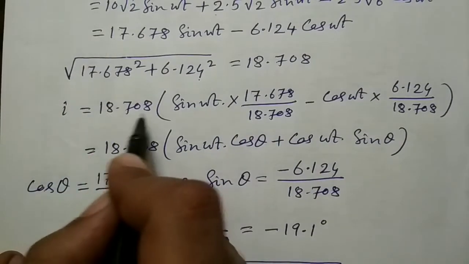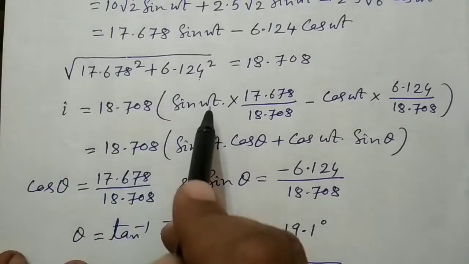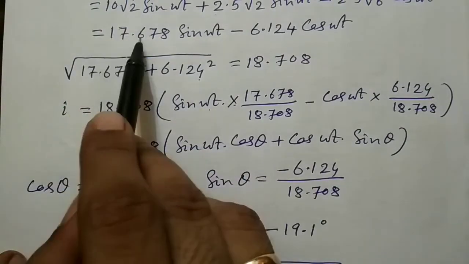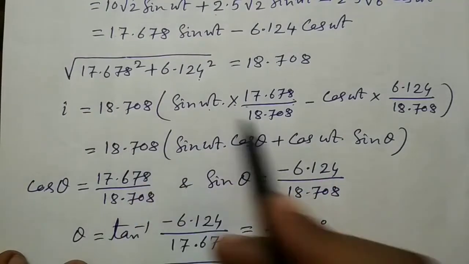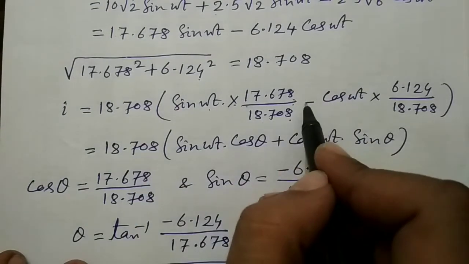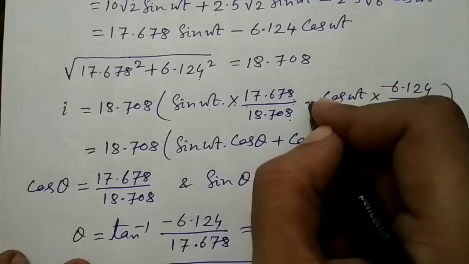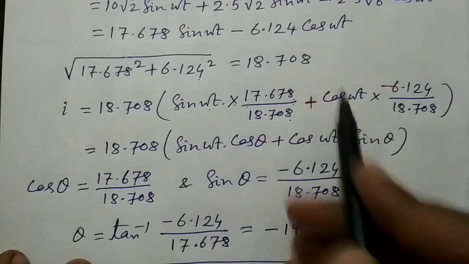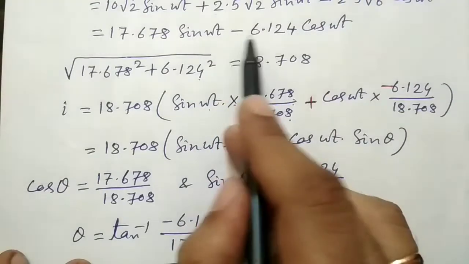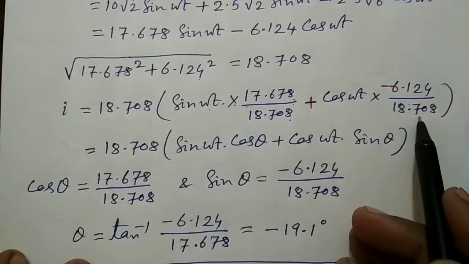So here 18.708, within the bracket it will be sin omega t into 17.678 upon 18.708, plus cos omega t into minus 6.124 upon 18.708.